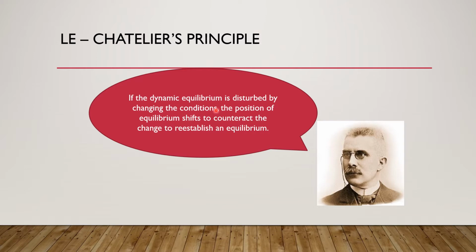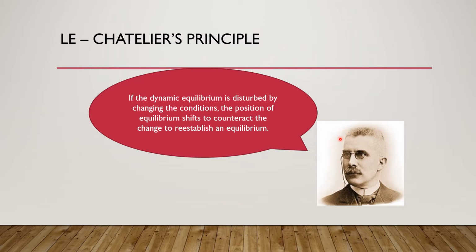The conditions such as temperature, pressure, concentration of reactants and products, addition of inert gases, and so on. Whatever is disturbing the equilibrium, the position of the equilibrium reacts in a way to counteract that, to re-establish the equilibrium again.